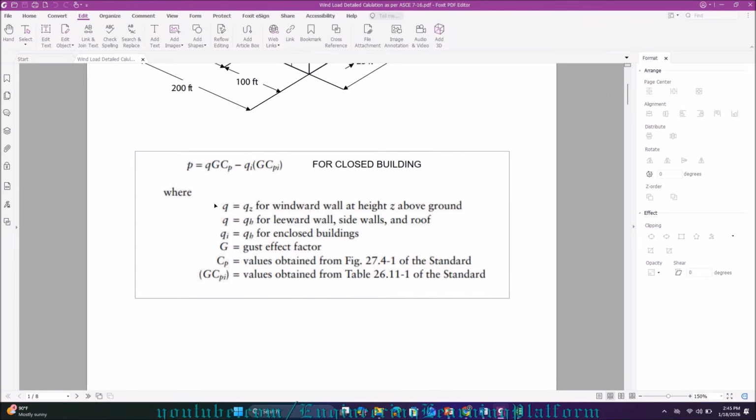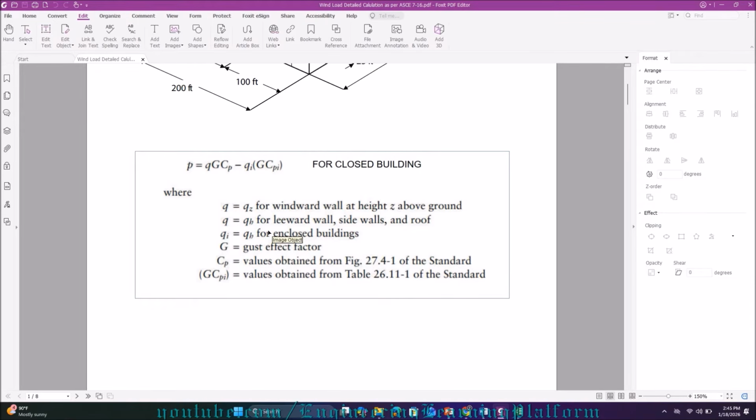So Q is your velocity pressure, and if it's QZ, it means it's for the windward wall, and you do not just apply one value of Q throughout the whole height of the building. You calculate it segment wise because it's a trapezoidal load, not a UDL. Then QH is for leeward.